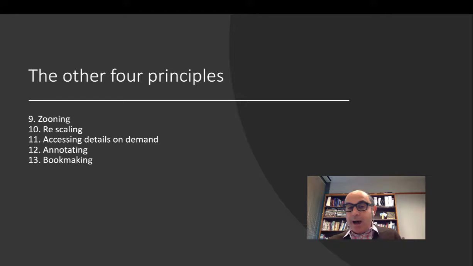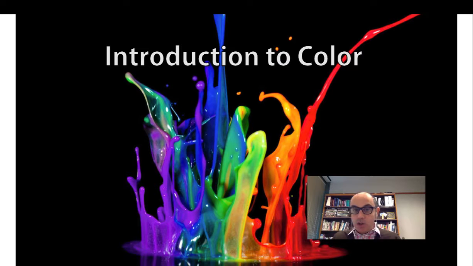I did not cover the other four principles: zooming, rescaling, accessing the details on demand, annotation, and bookmarking. All those principles, we will go over and learn about, but I want you to keep in mind, again, how we are sorting the data and how we can apply that to visualization.